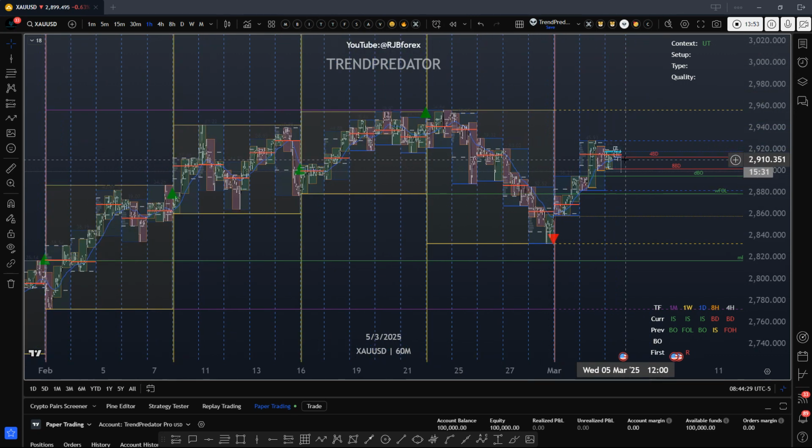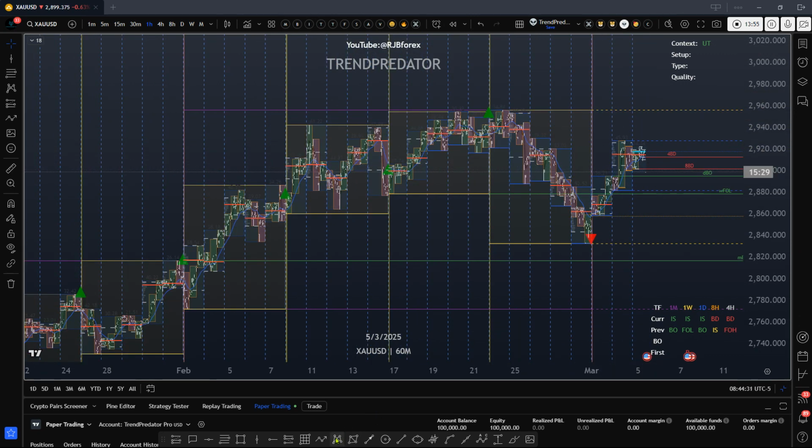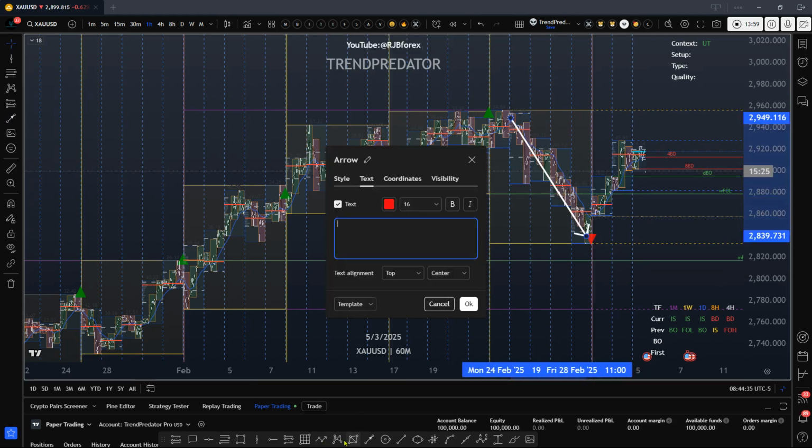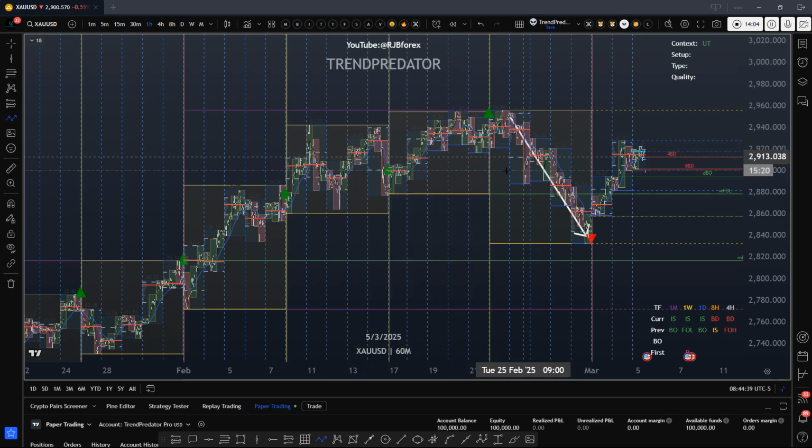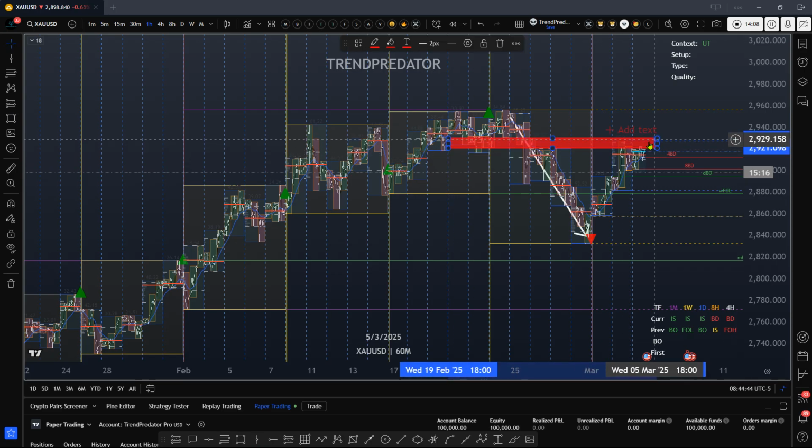But in this type of template, where we've had that parabolic week, then it wouldn't be a surprise if we respect the breakout level, which is over here. That's where the market broke down last week, below that low from Friday.